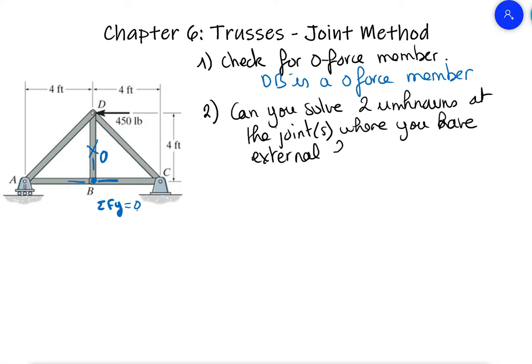Let's look at the point where we have external load, which is the point D. At the point D, are we able to solve for two unknowns? We have one unknown in AD and one unknown in DC. Because BD is a zero force member, we just have two unknowns. So yes, we are able to solve for AD and DC using the joint D.